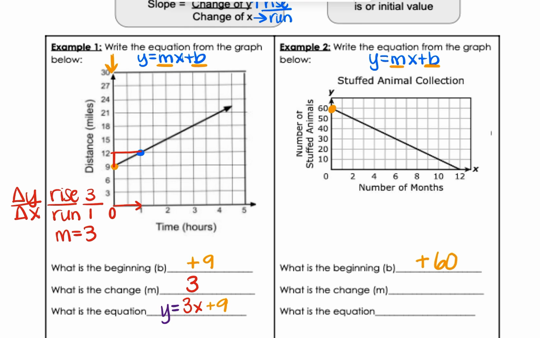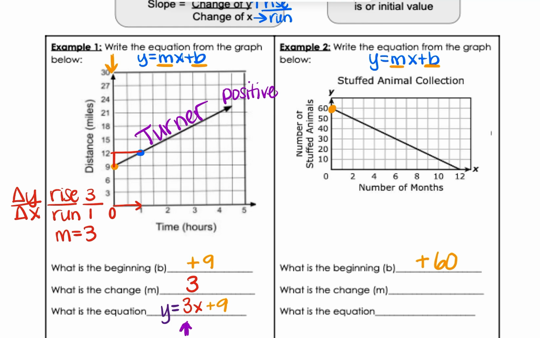And then I need to find my change in m. And what you'll notice is this graph on the left side is positive. Remember, if we use Miss Turner's little trick where we write our name, right? The end of my name is higher than the beginning. So remember, this was a positive slope. And we can see it's positive right here in our positive 3x, right?